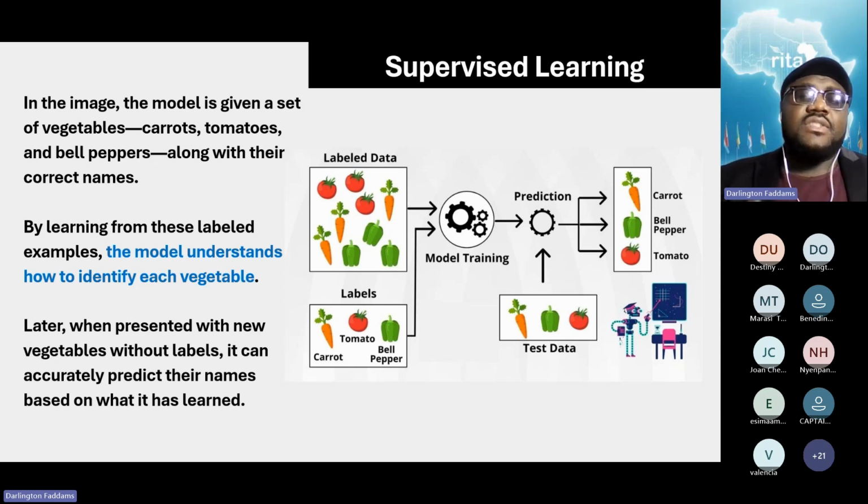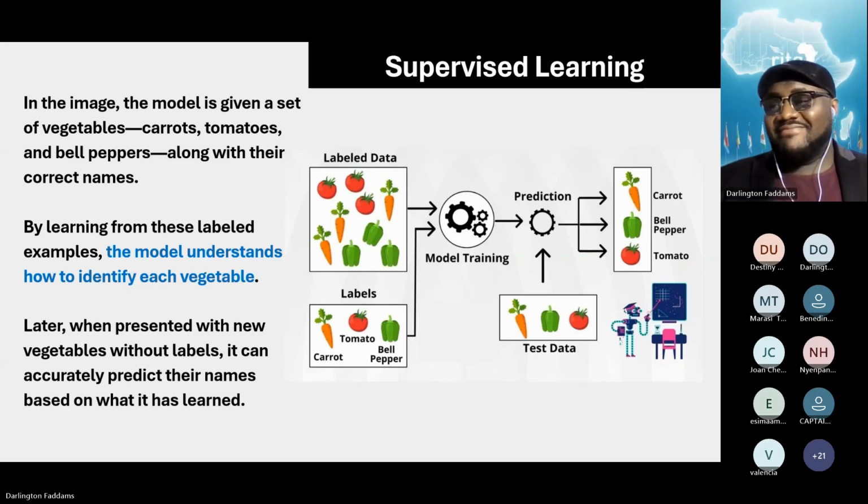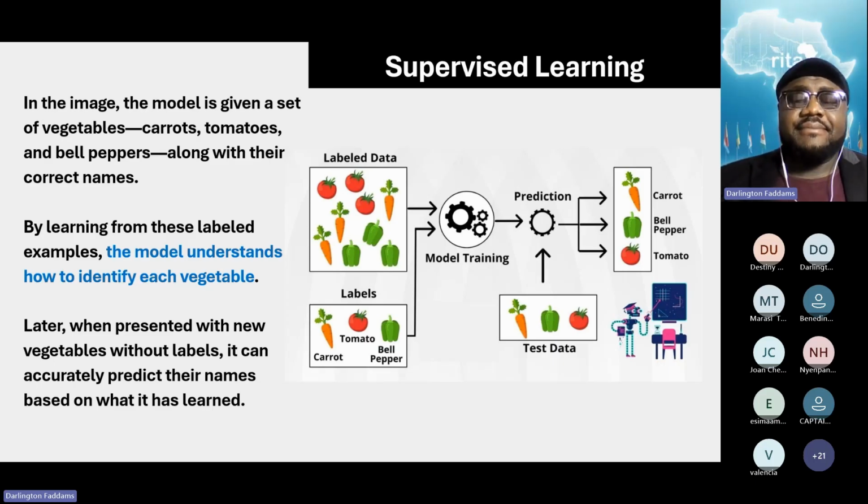This is called supervised learning. Do you understand this? Okay, someone says yes, I understand.